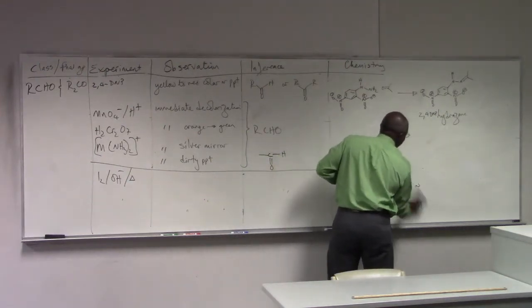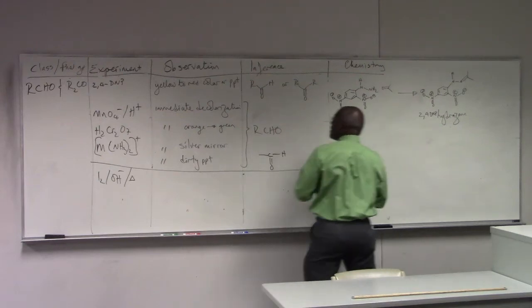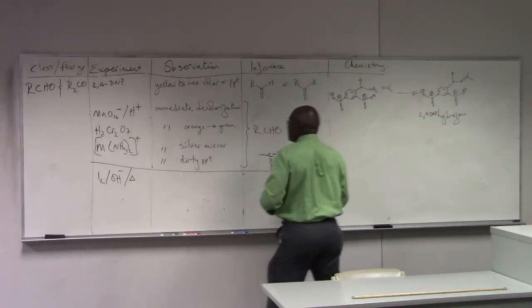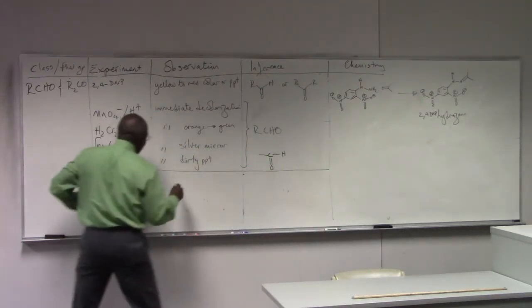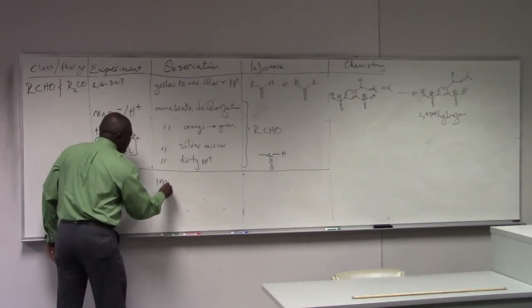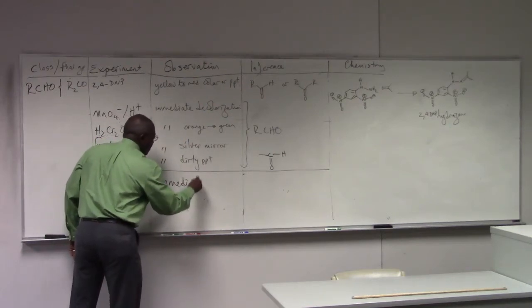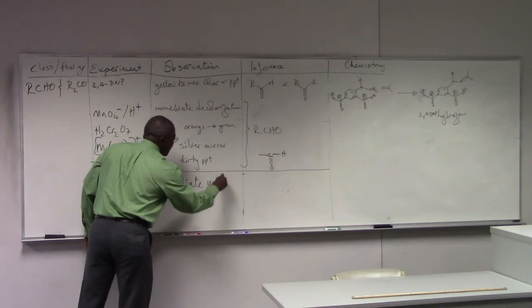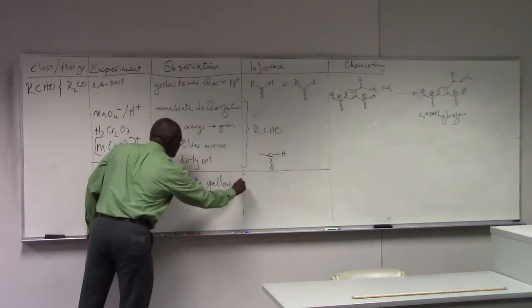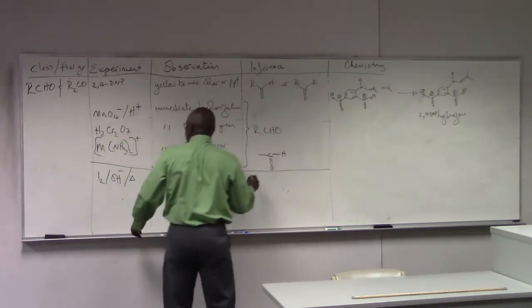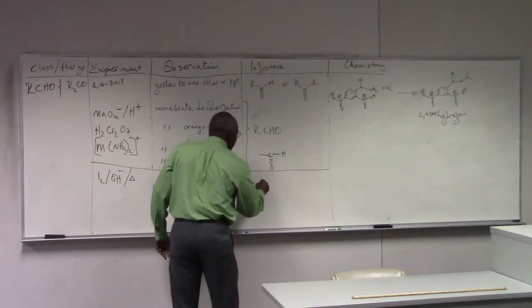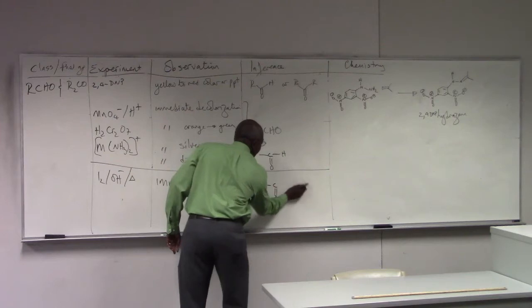If I add iodine in aqueous hydroxide with warming, and I get an immediate yellow precipitate, then my inference is I'm dealing with a methyl carbonyl.